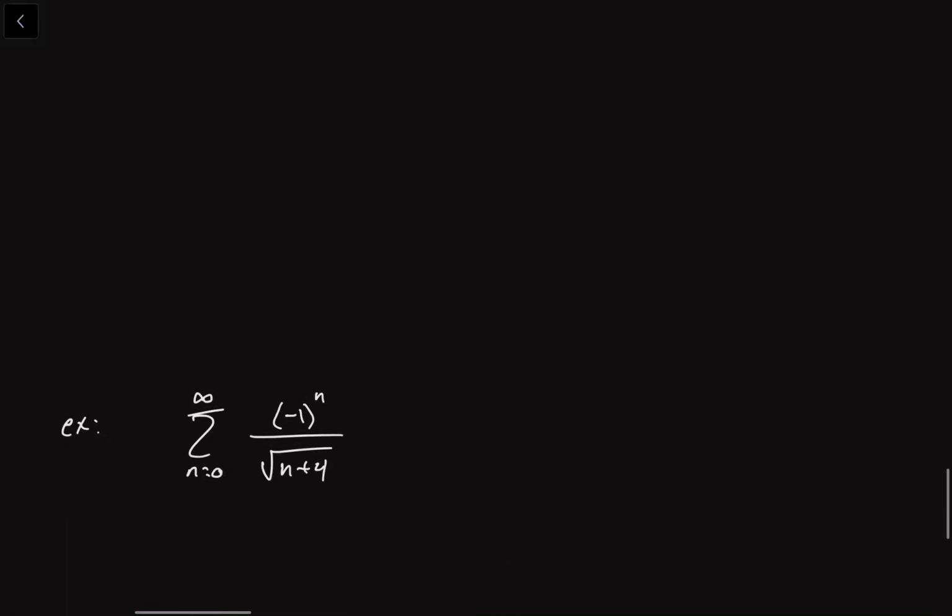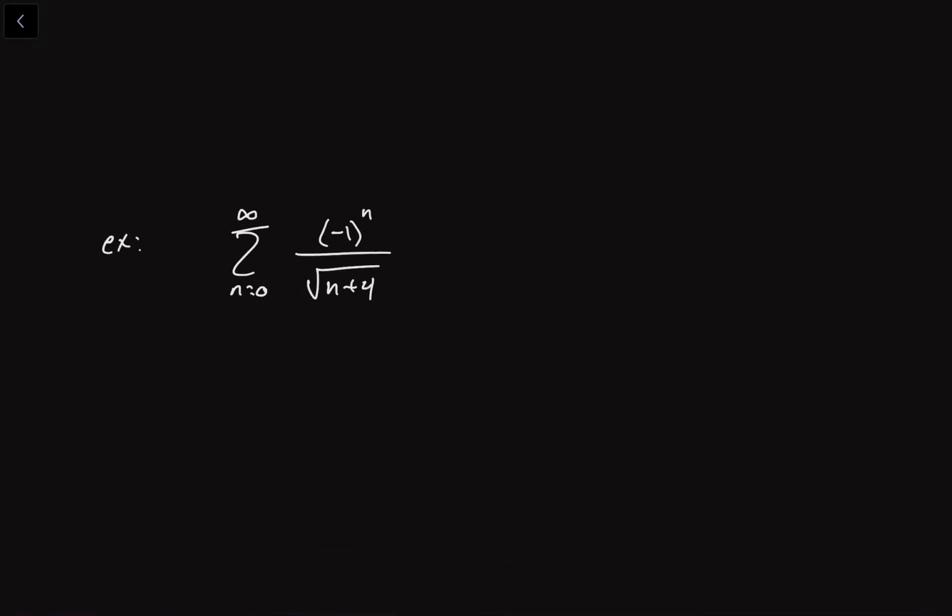Maybe let's look at another case of conditional convergence. Let's see if this is conditionally convergent, absolutely convergent, or divergent. We'll take the limit as n approaches infinity of 1 over n plus 4. We're going to get 0. The first condition is met. Is it decreasing?